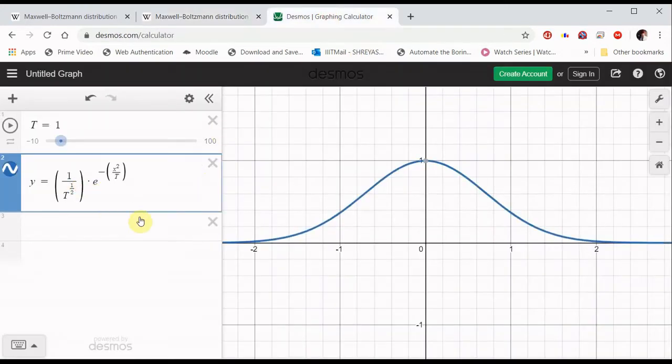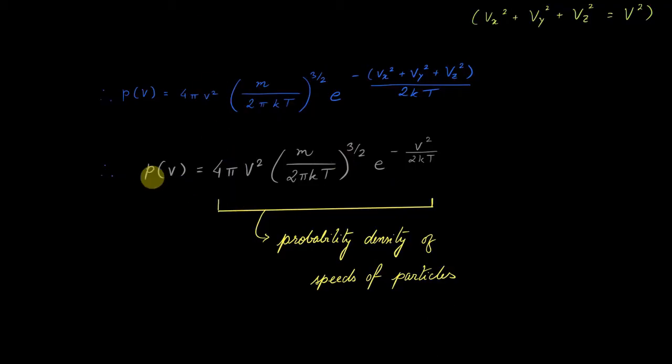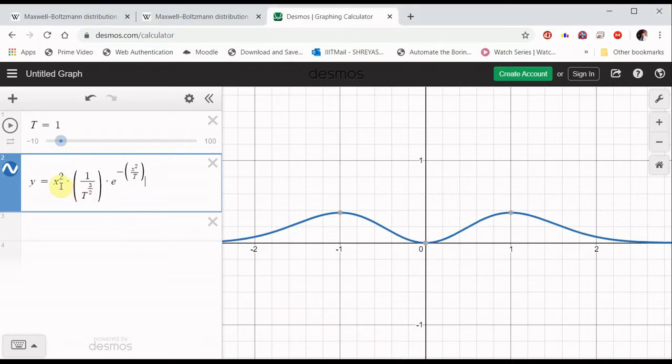Okay, let me just write the expression for that. As you can see, I'll just go back to that. This probability density depends on this factor of v squared and e raised to minus v squared, which is what I've done here.